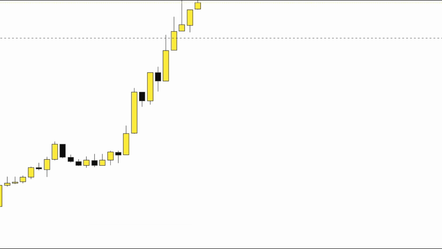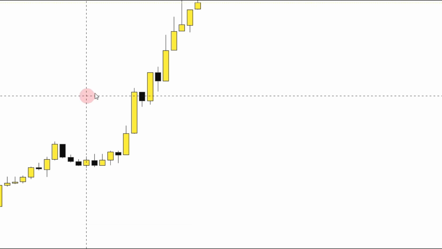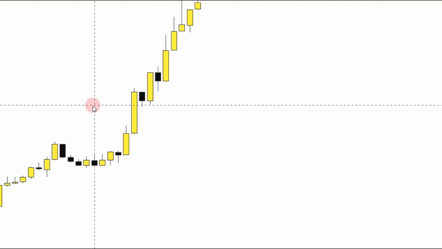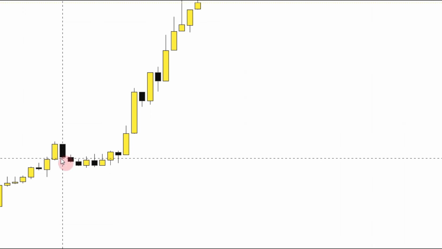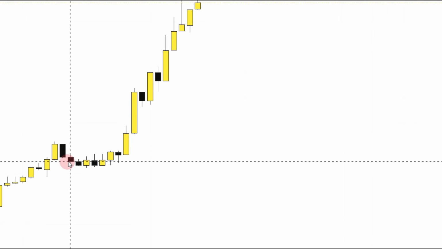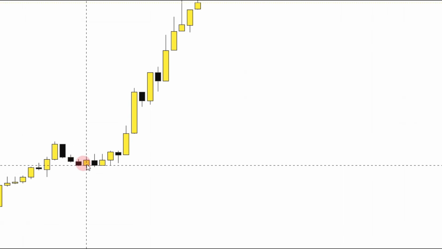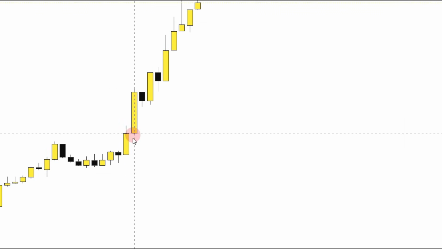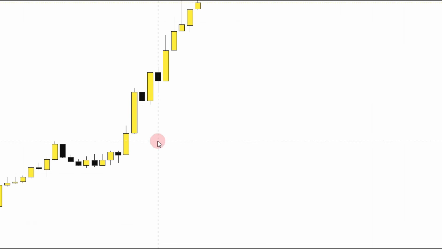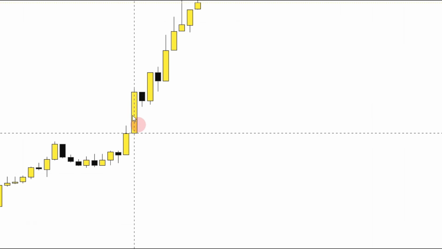Let us look at this second example. When you look at the chart here, you can see that the market is moving sideways. Here, you can see a bearish candle, a bearish second candle, a bearish third candle. Then, there's a war here before this displacement, leaving a fair value gap or an inefficiency or an imbalance, whatever you may call it.